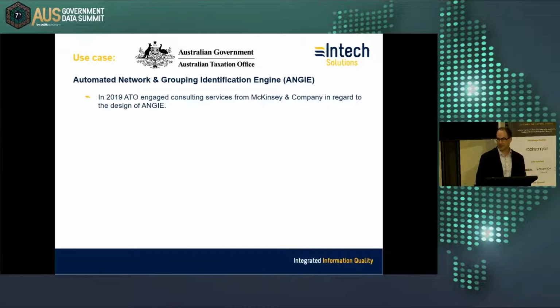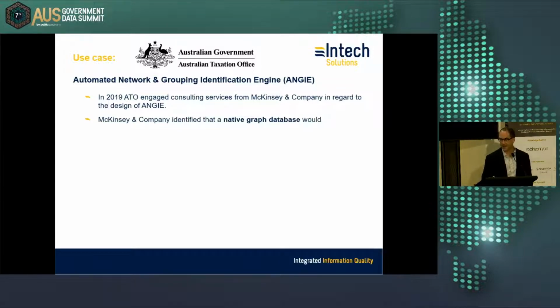In 2019, ATO actually engaged the services of McKinsey & Company in regard to the design of ANGI. McKinsey & Company identified that a native graph database would enable greater processing and speed performance.